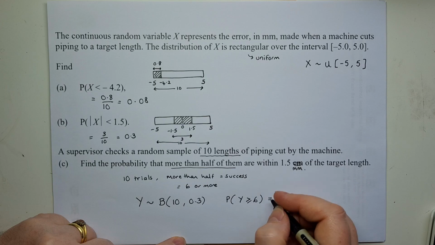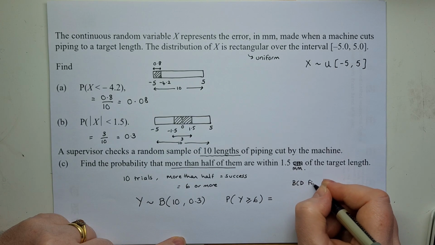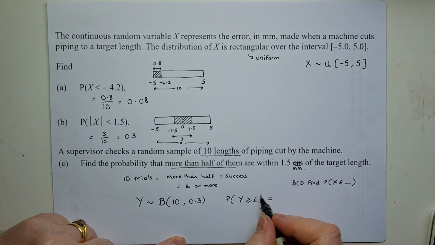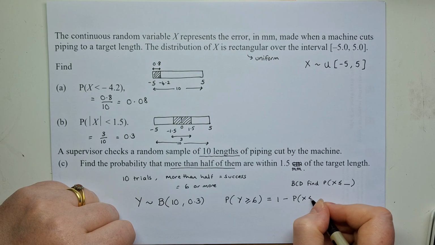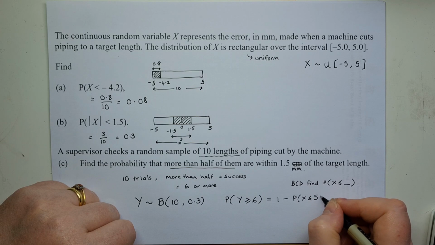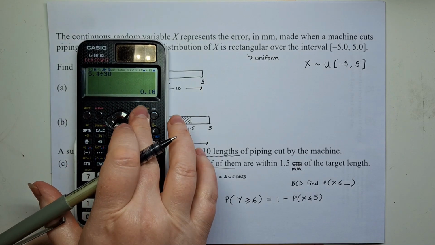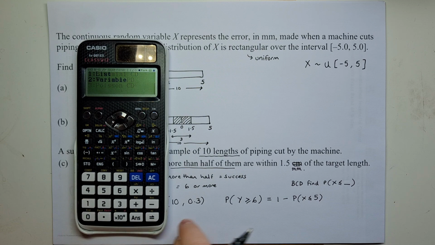That's important now. We need to turn this around because remember, if we do BCD, that is going to find you the probability that x is less than or equal to something. So you have to turn this question around and make it be 1 minus the opposite. And the opposite would be getting rid of the 5 and lower, because you want to count the 6 here and anything more. So what you don't want to count is anything from 5 successes and below. Then you find your calculator and go into the binomial mode. Okay, so we want BCD whenever we're doing an inequality variable.